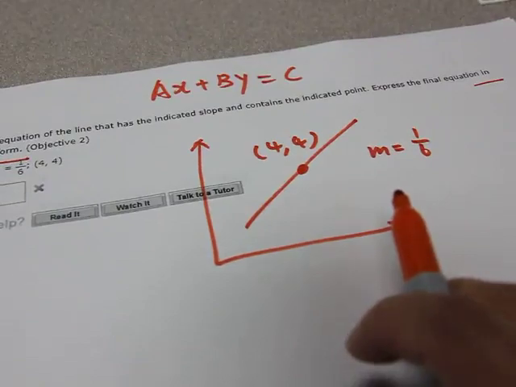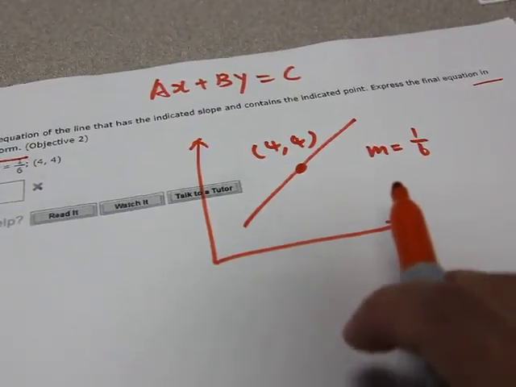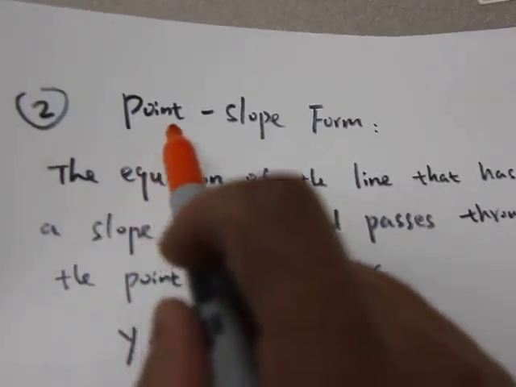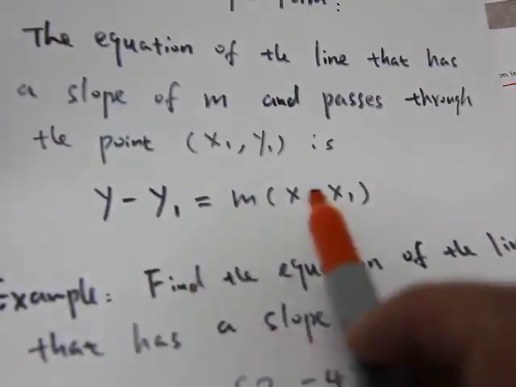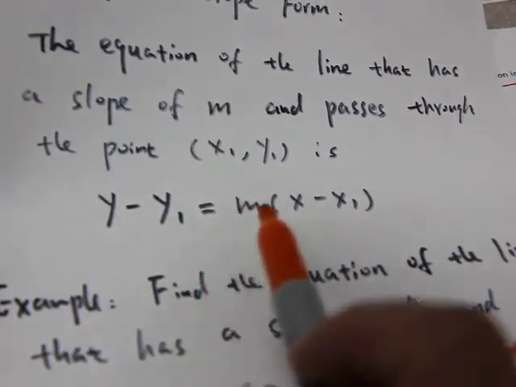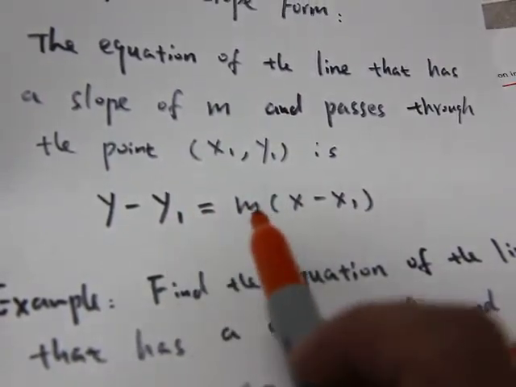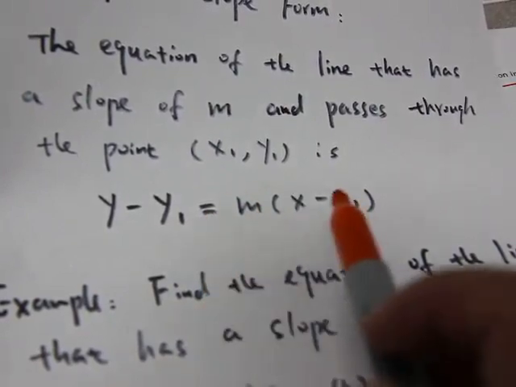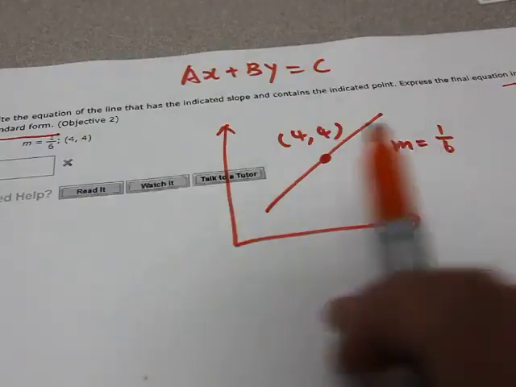So to begin with, we can use the point slope form to write the equation, and then from this equation we convert it into the standard form.